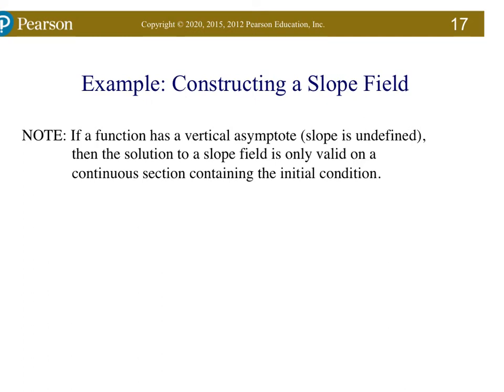So if you've got an asymptote where you've got vertical slope and your initial condition is on the left side of the asymptote, well then your graph is only going to be valid on the left side of the asymptote. So it has to be in a continuous section containing the initial condition if you have an undefined slope in your slope field.